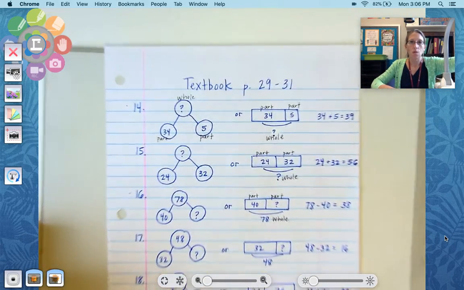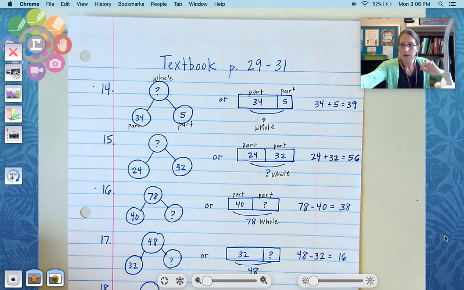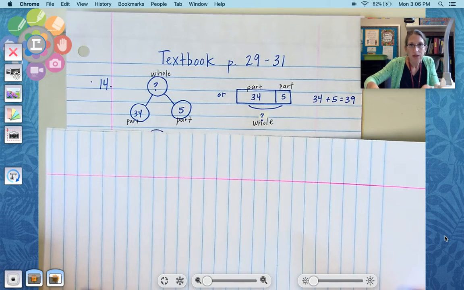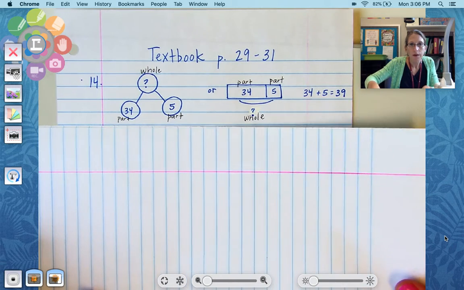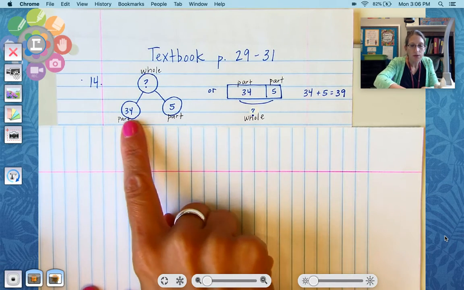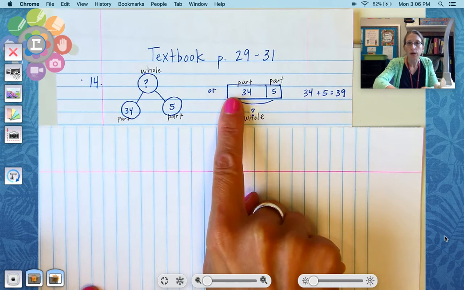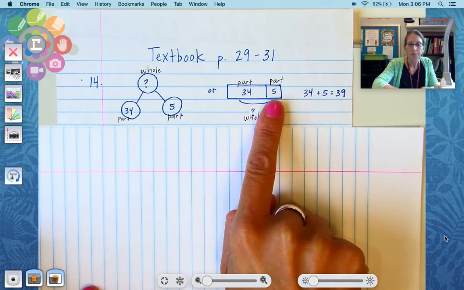So if you want to go back and do a little bit more practice, I wanted to show you what each of these would look like. So like number 14, if you were doing a unit bar, it would look like this, part plus part. Your question mark is your whole number. Or if you were doing a number bond, it would look like this.